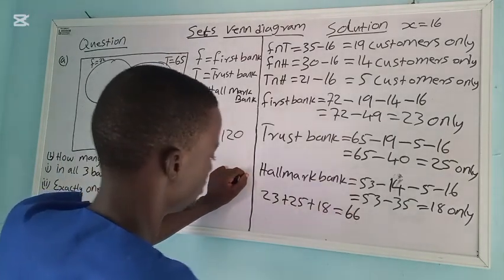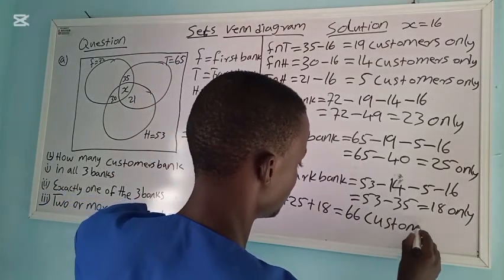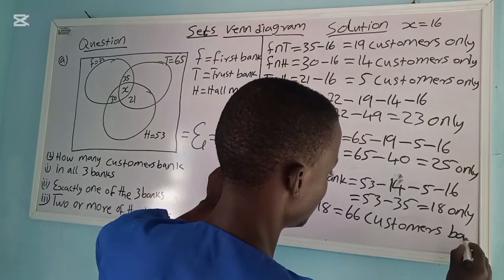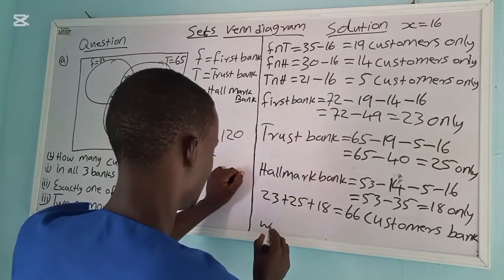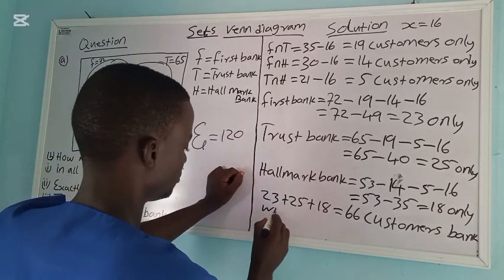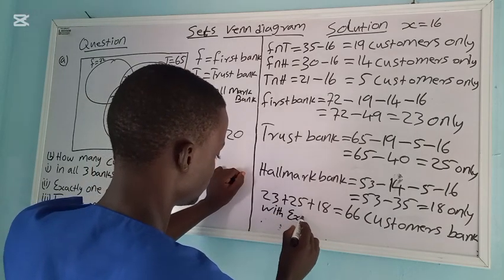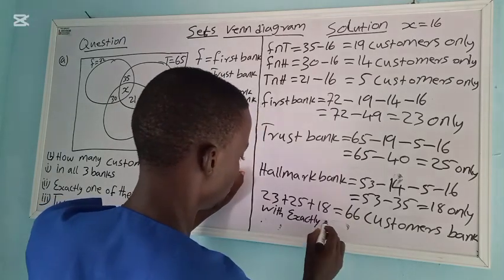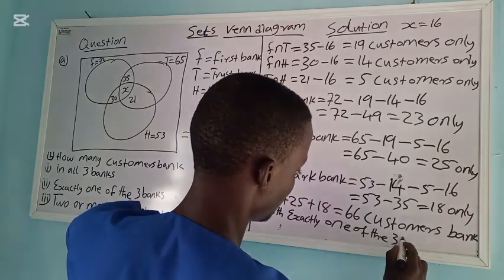So we have 66 customers that bank with exactly one of the three banks.